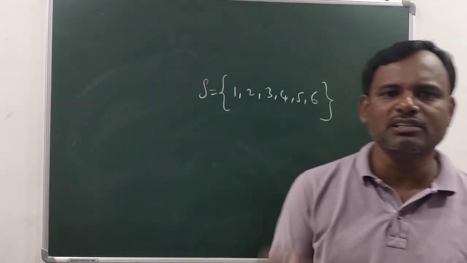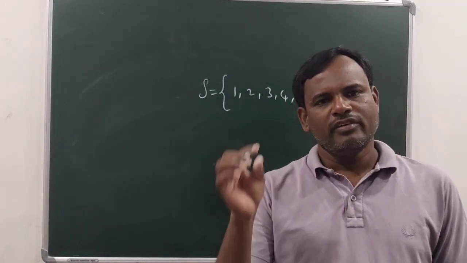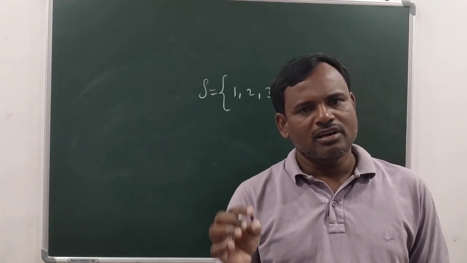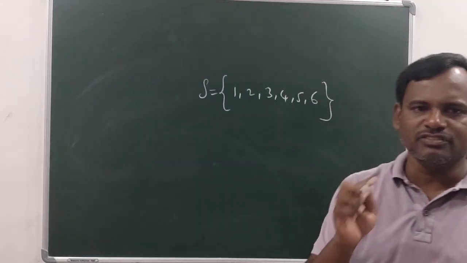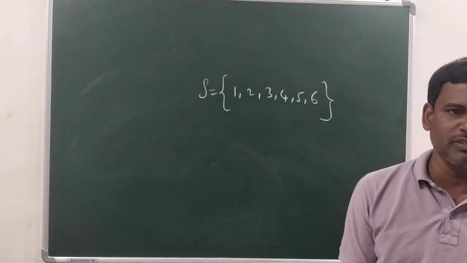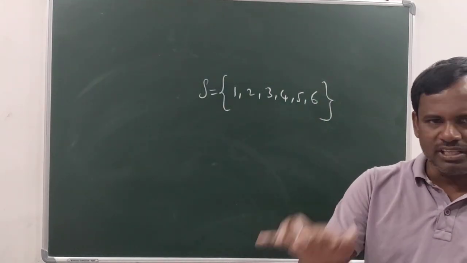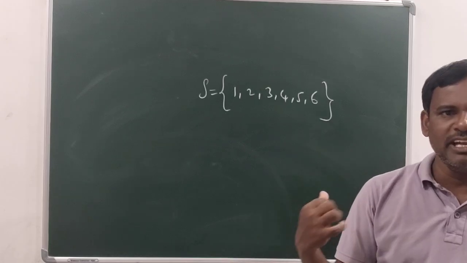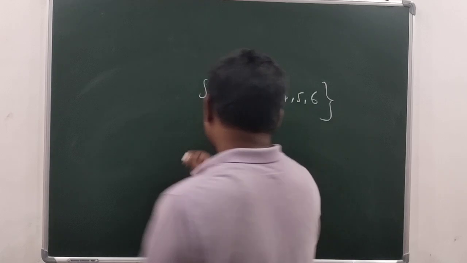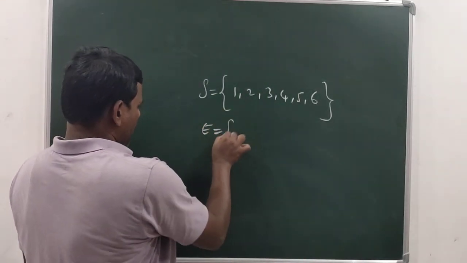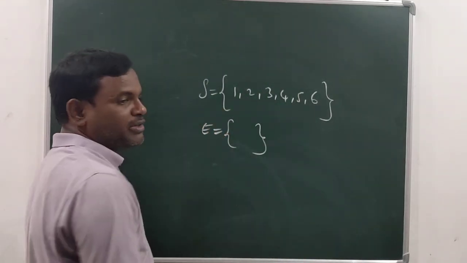Not possible, because we mentioned on the surface of the dice 1 to 6 only. There is no 7. So if you throw it on the floor, on the topmost surface, is there any chance to get 7? No. So here the event is empty.